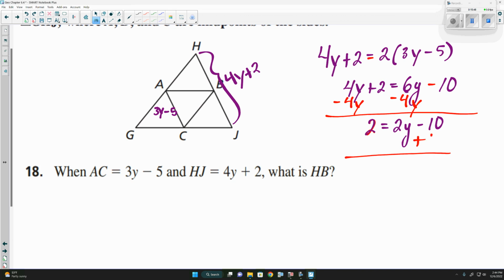Then we could add 10 to both sides, telling us 2y is equal to 12. Divide by 2, telling us y is 6.